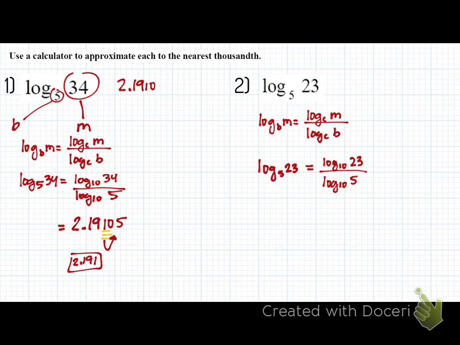Press the common log button. Then we're going to press divide because it's the division sign or the fraction bar. Then we got common log of 5. So we're going to do 5, and then press the common log, and then we get the common log of 5, but that's not what we're looking for. We want to get the final answer, press the equal sign, and we get 1.9481, right?